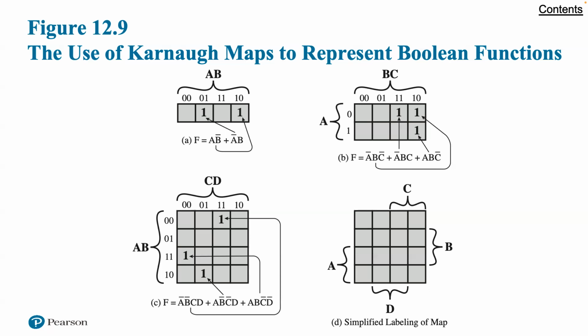The labeling used in figure 12.9d emphasizes the relationship between variables in the rows and columns of the map. Here, the 2 rows embraced by the symbol A are those in which the variable A has the value 1. The rows not embraced by the symbol A are those in which A is 0, similarly for B, C, and D.